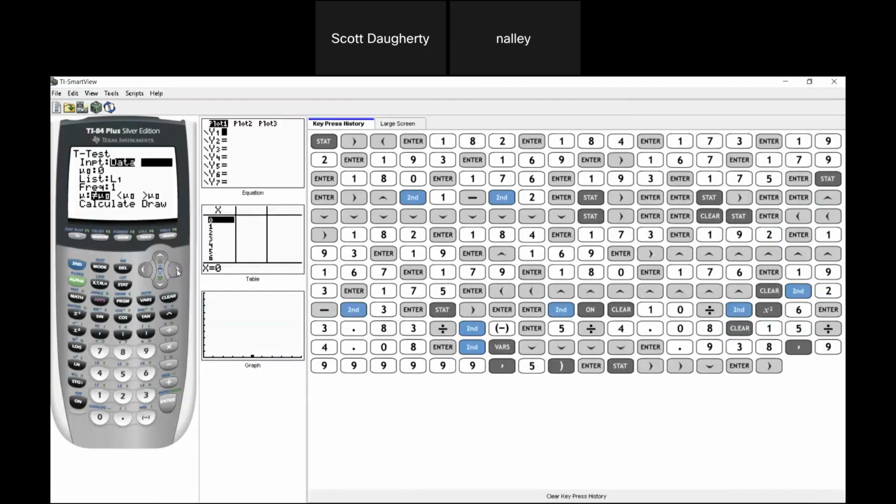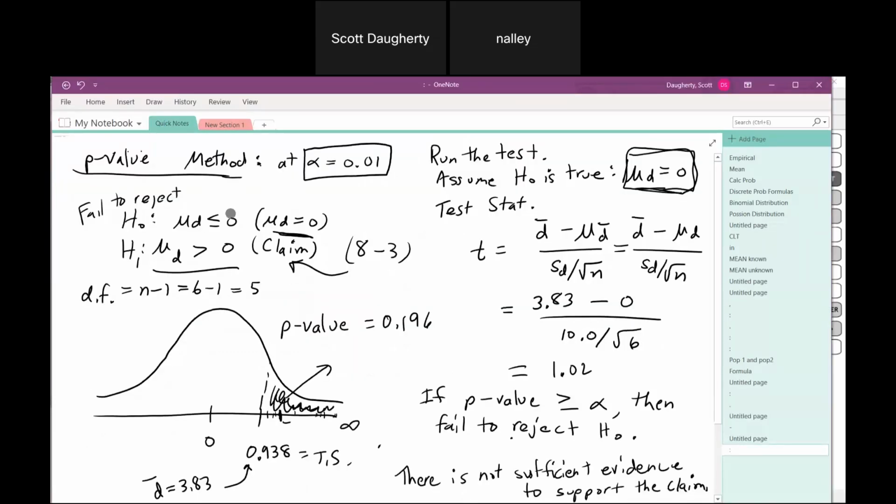So then you have to select data or stats. We've already put the data into L1 and L2, and mu sub 0, you remember, that's how they're labeling what the null hypothesis is telling us about mu. So they label this as mu sub 0 because it matches the sub 0 for the null hypothesis.